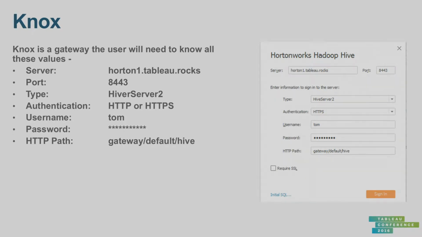The extra information that is required, which would be given to you by your Hadoop administrator, is the actual path of the gateway. It's basically like a URL on top of that server, and that's the gateway that you're going to authenticate against.